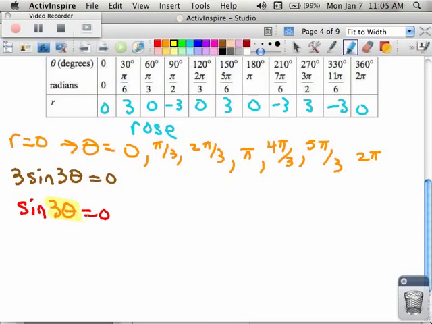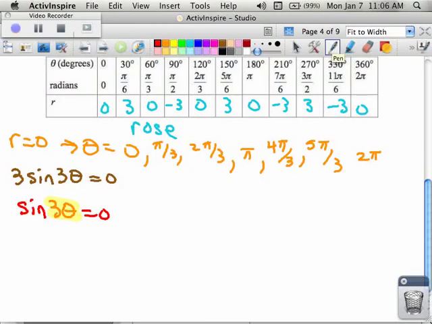0, pi, 2 pi, 3 pi, 4 pi, 5 pi, 6 pi. Every multiple of pi is where the sine is equal to 0. So my answer here, let's just say I was going to use degrees to make life easy.